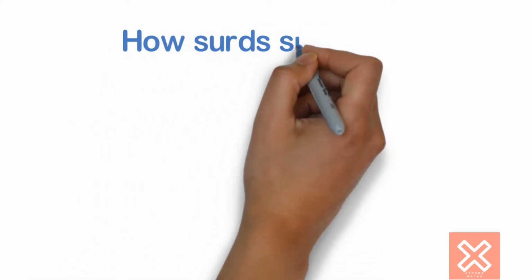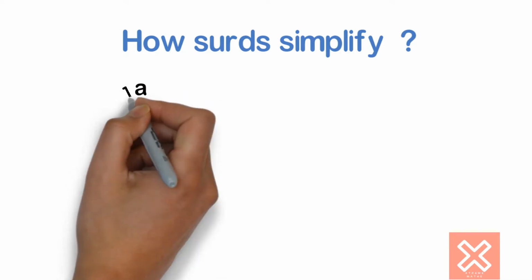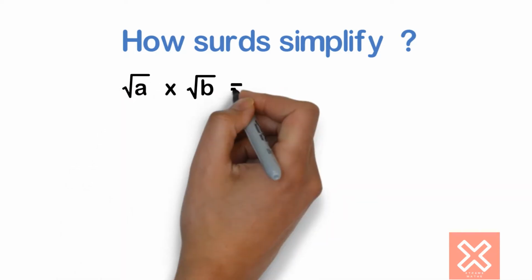How do surds simplify? √a times √b is √(ab).